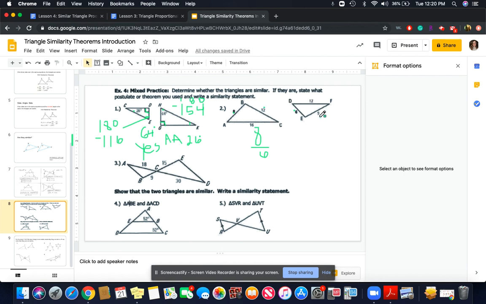The other medium side is 9. 12 to 9. Is that ratio consistent? The third, 16 to 12. Is that ratio consistent? So let's think about what all of these things simplify to.